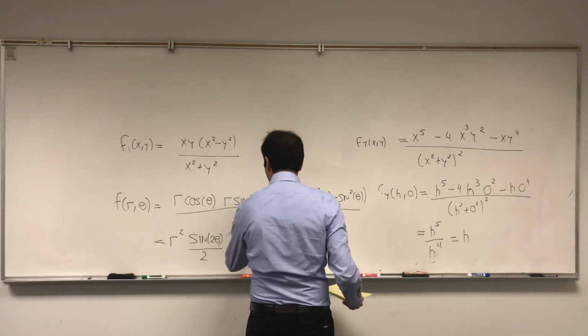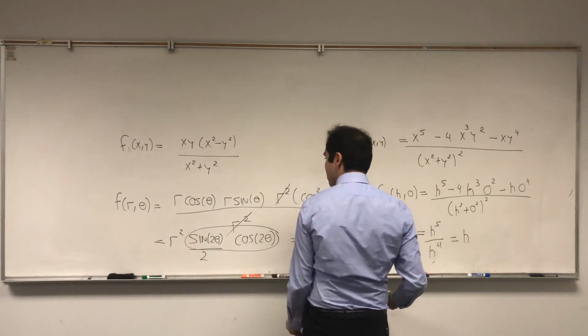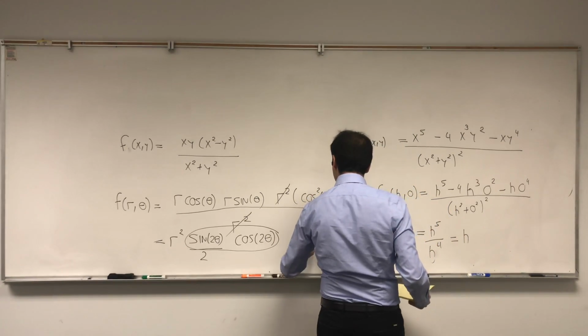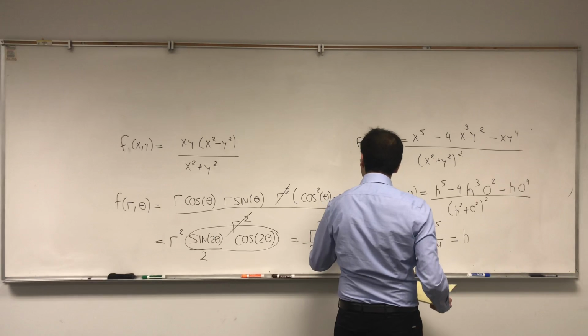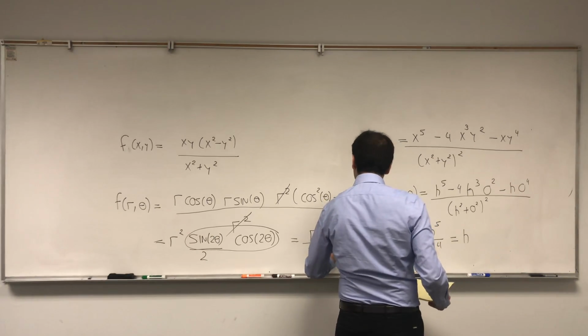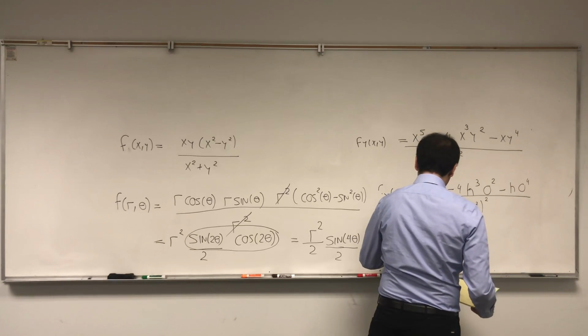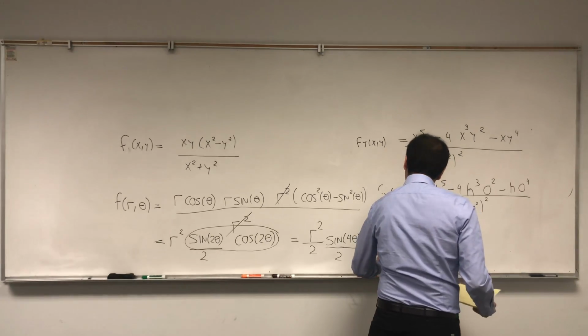And in fact, you can do more than that. This you can write as sine of 4 theta over 2. So r squared over 2 times sine of 4 theta over 2. So it becomes r squared sine of 4 theta over 4.